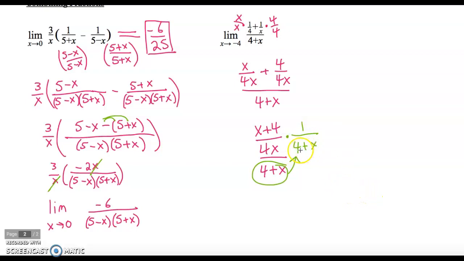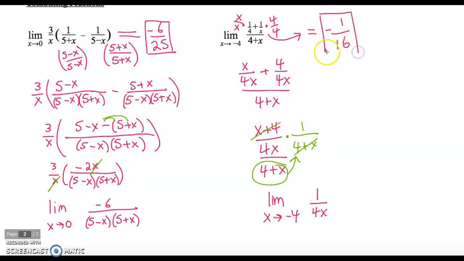And now since it's multiplying, I can go ahead and cancel out these two. So really, I'm just left with finding the limit as x approaches negative 4 of 1 over 4x. And that'll be my answer up here, but it's also my answer down here. So if I plug in negative 4, I get negative 1/16. Voila.